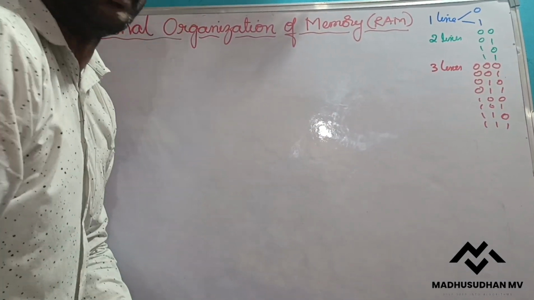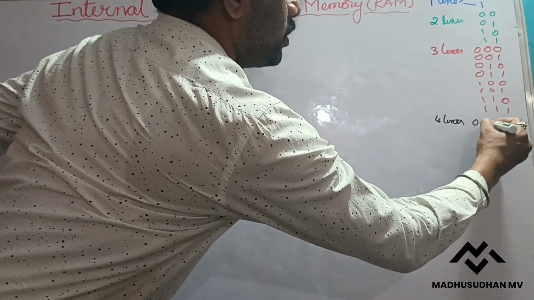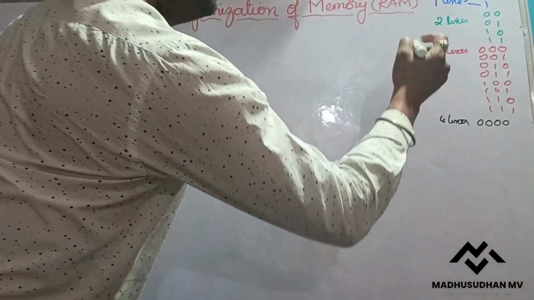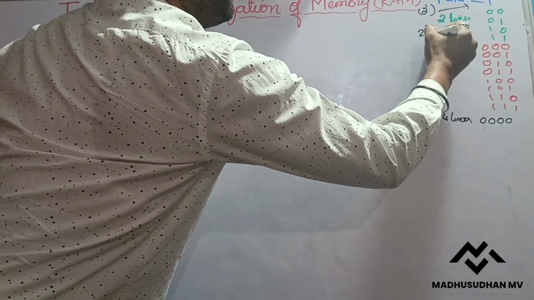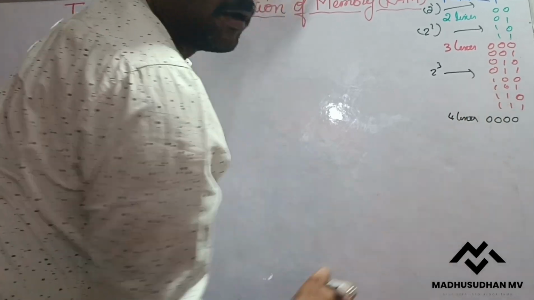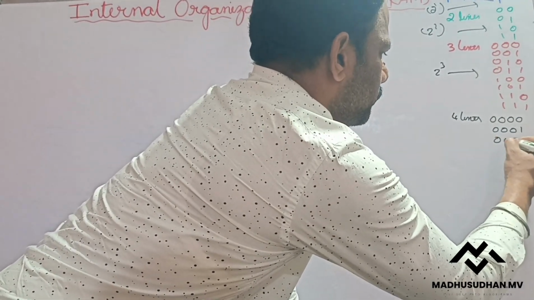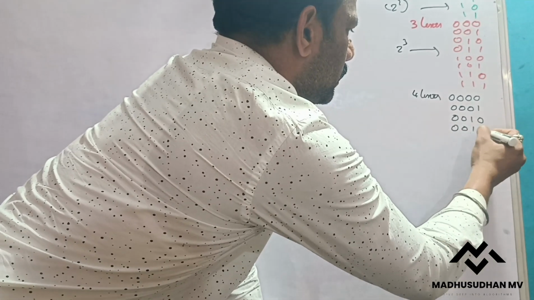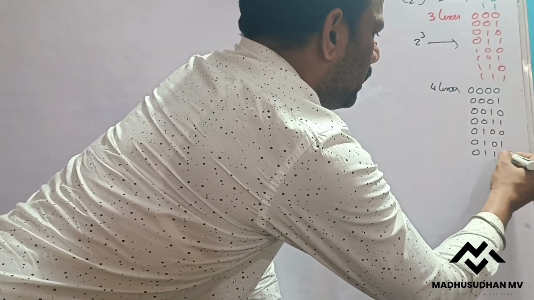Similarly, if you are having 4 lines, how many combinations do I have? This is 2 to the power of 1, 2 to the power of 2 that is 4, 2 to the power of 3 that is 8 combinations, 2 to the power of 4 is 16, so I will get 16 combinations. You are already familiar with this. Why do we need this?